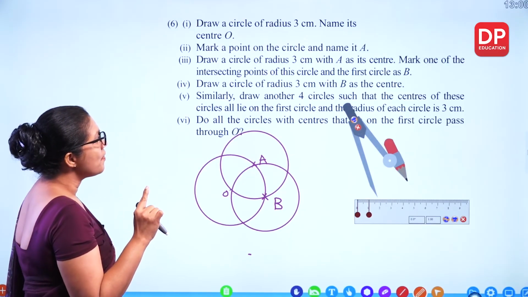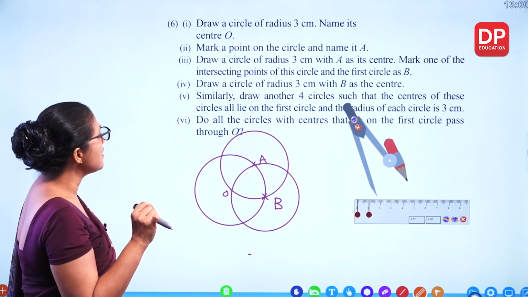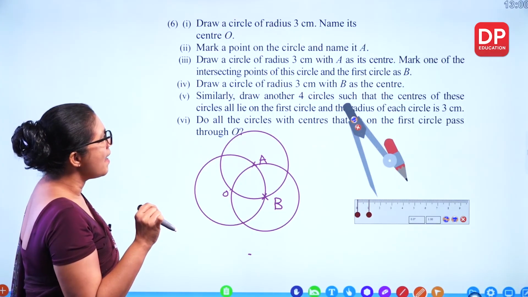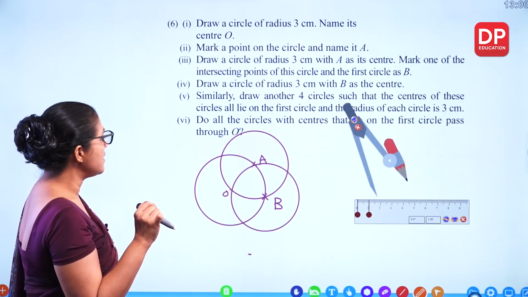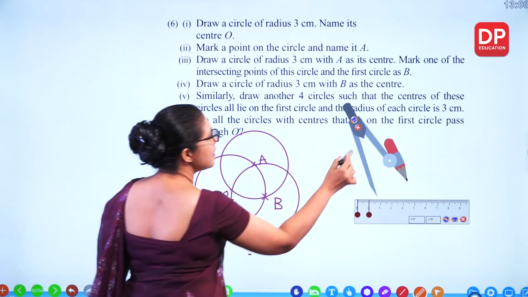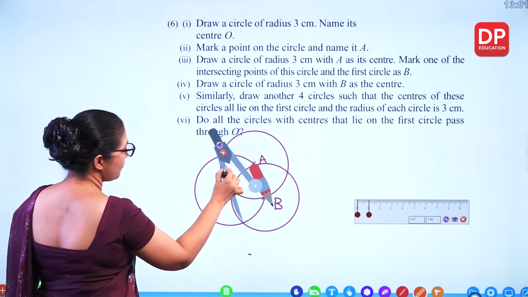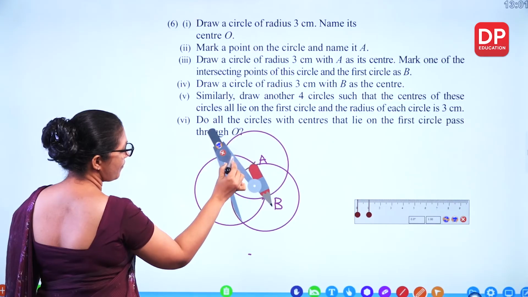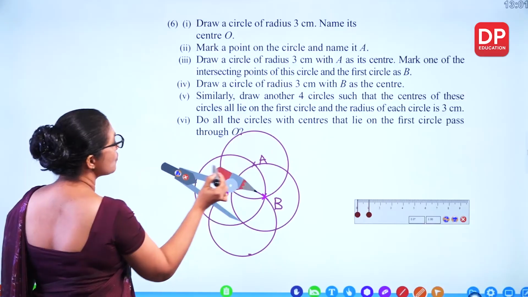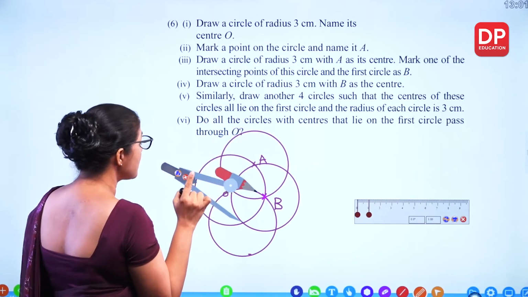Similarly, draw another 4 circles such that the centers of these circles all lie on the first circle and the radius of each circle is 3 centimeters. So you can keep on the other intersecting point, and I can draw another circle here. It says similarly draw another 4 circles.